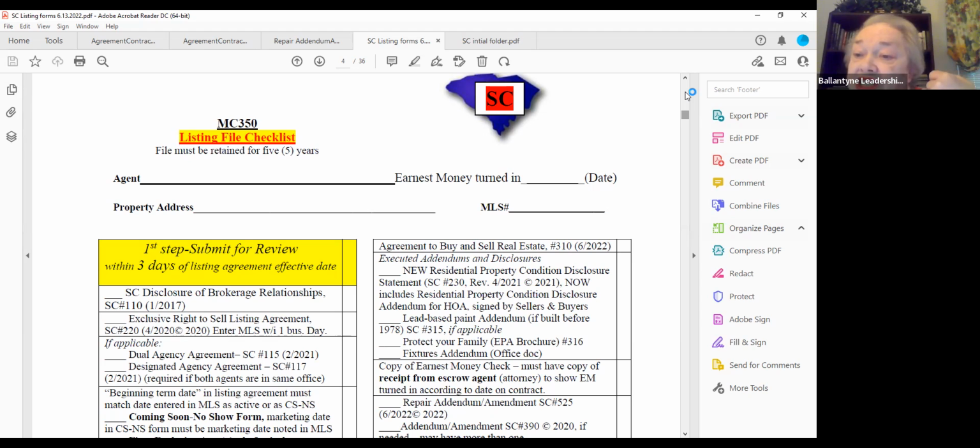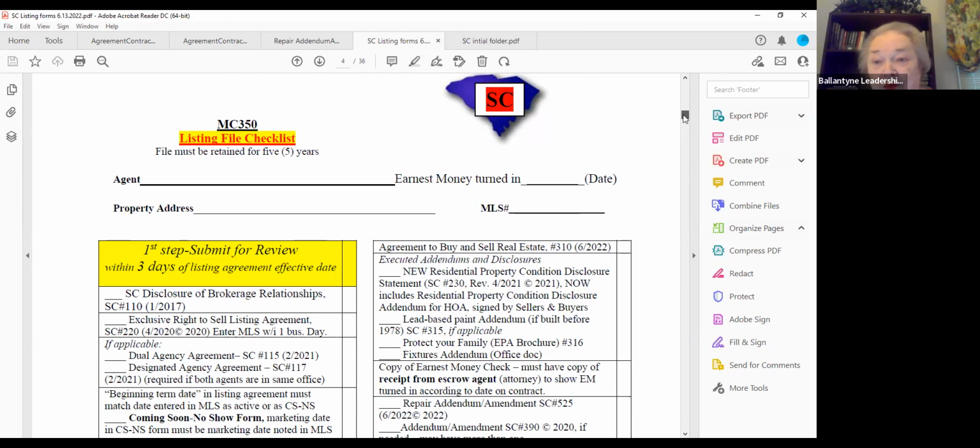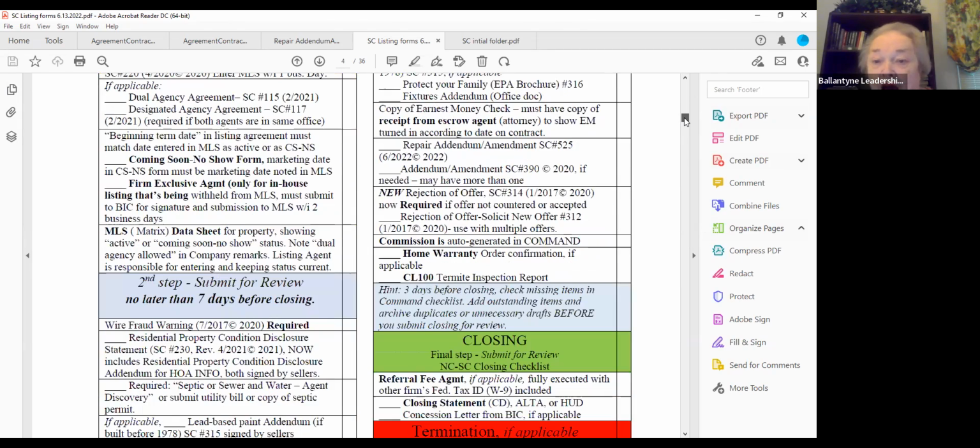We have the listing checklist on command, but it's in the system. So I want you all to have the checklist. And again, I've only updated the forms that have needed to go into place as of June the 13th. It's June the 16th, we are 3 days past the day it starts. And so that's why I went ahead and updated the checklist even before we get too far into the year.